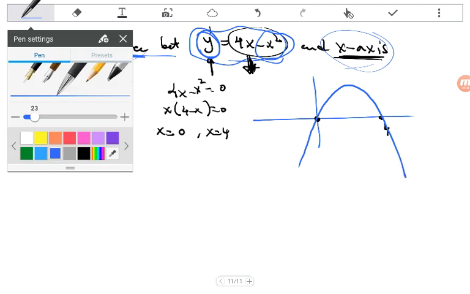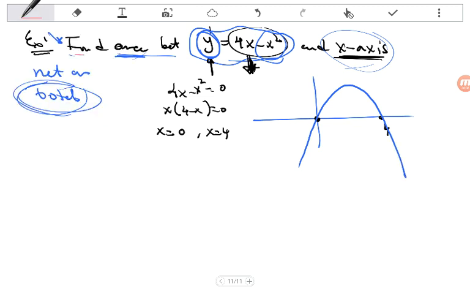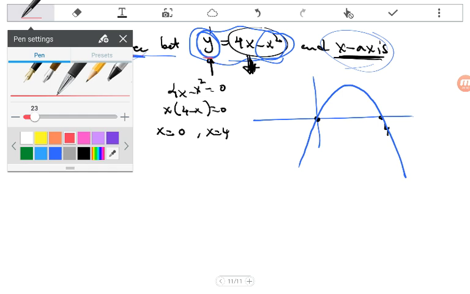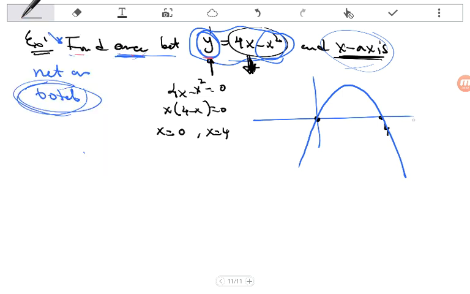Now the problem is requiring the area between this graph and the x-axis. So these are the two curves that I'm looking for the area between them. This is the first curve, which is the x-axis. The other curve is this. I should determine the region that I'm looking for its area.